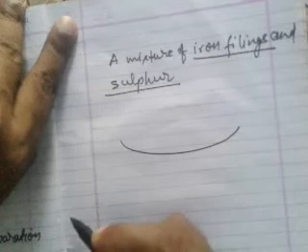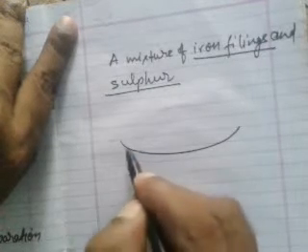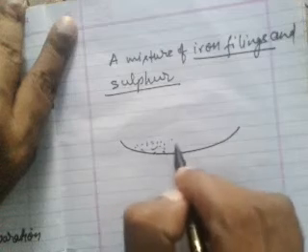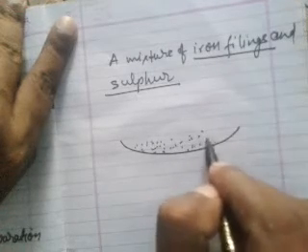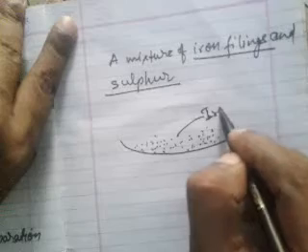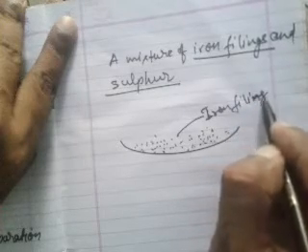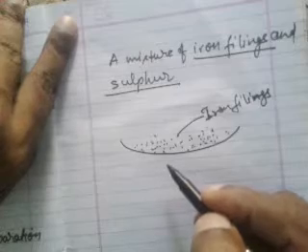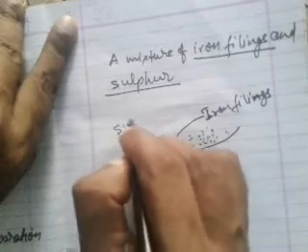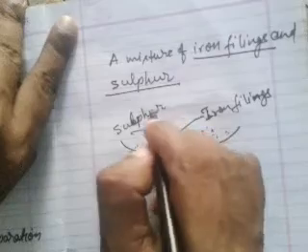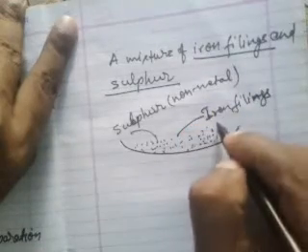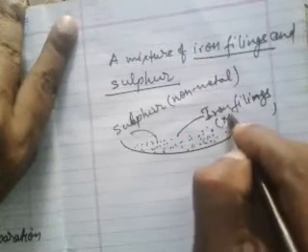Suppose that this is a container in which sulfur and iron filings are present. Iron filings means the small pieces of iron, and sulfur is also a substance, but it is a non-metal. And iron, all of you know, is a metal.